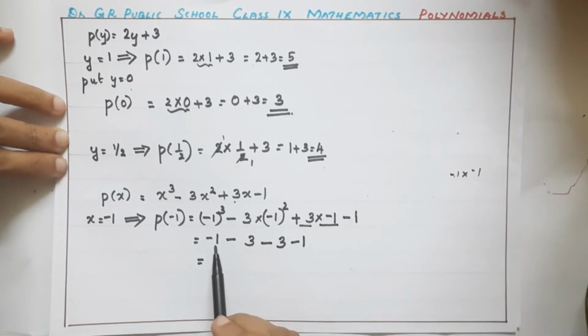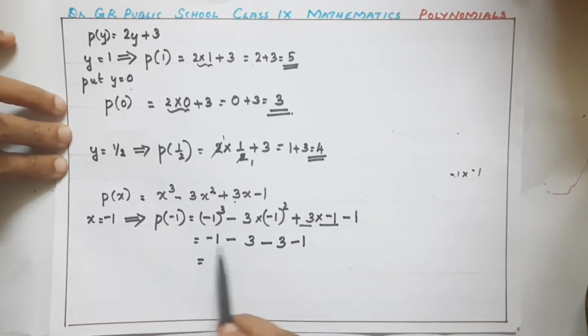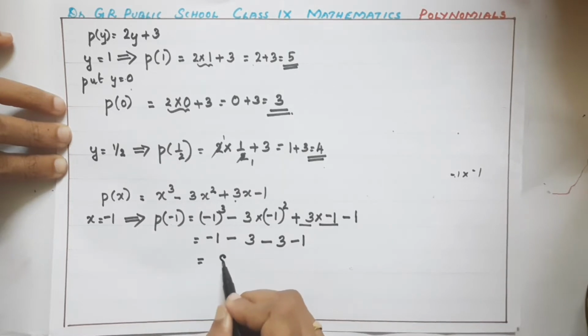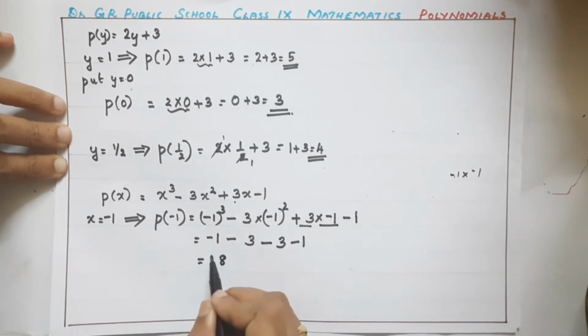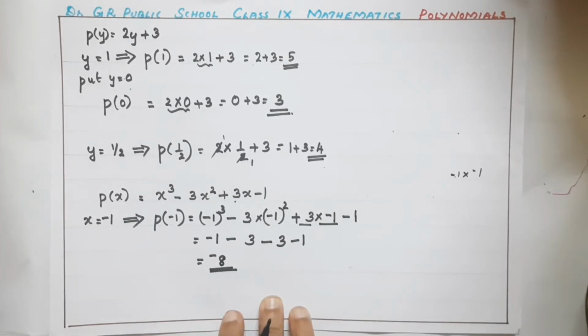See children, here you can see all the values are negative values. Same sign. So how will you simplify? If we have integers of the same sign, we can add. So 1 plus 3 plus 3 plus 1. What is it? 8. And we have to put the same sign. So P of minus 1 is equal to minus 8.